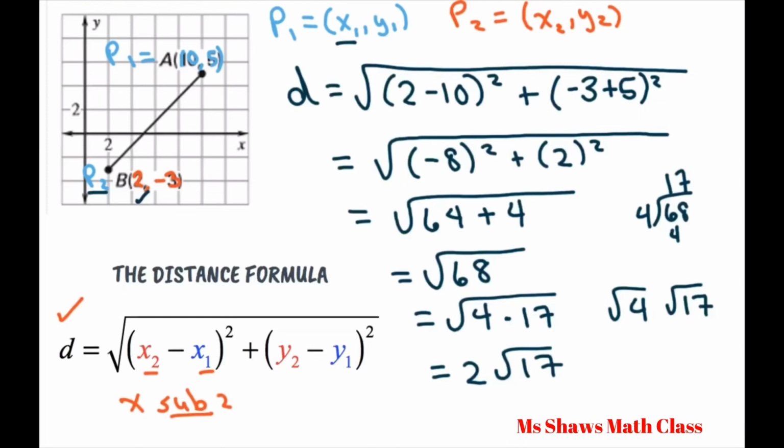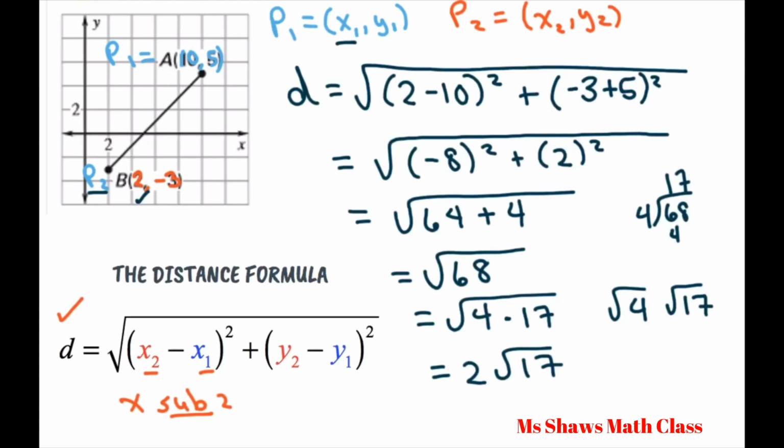Next one, we're going from City Park to City Hall. And I'll just call this point 2, call this one point 1. And I'm taking shortcuts now since we're doing a lot. So I'm going to do my x's first. Negative 2 minus a negative 4 squared plus negative 6 minus 3 squared.